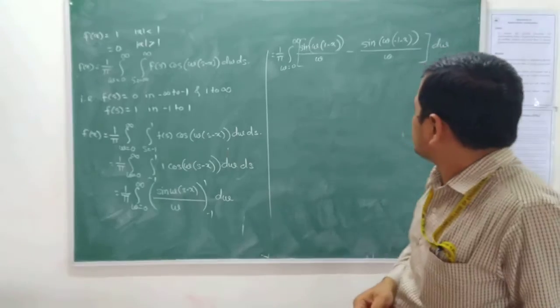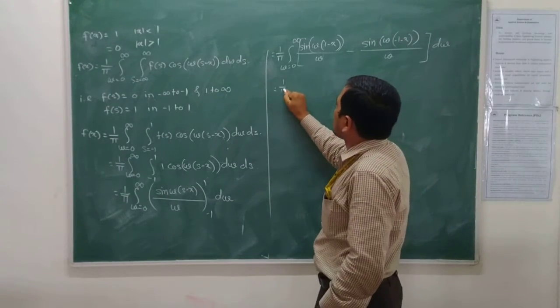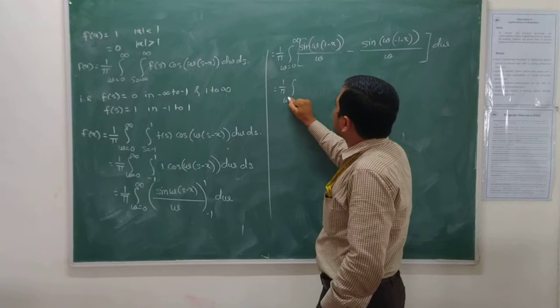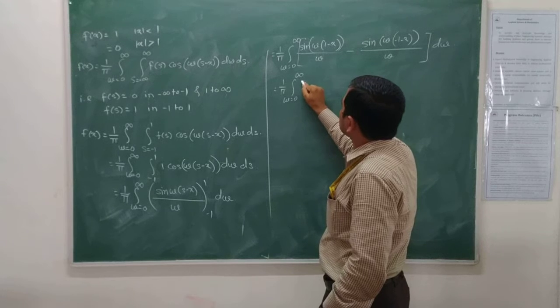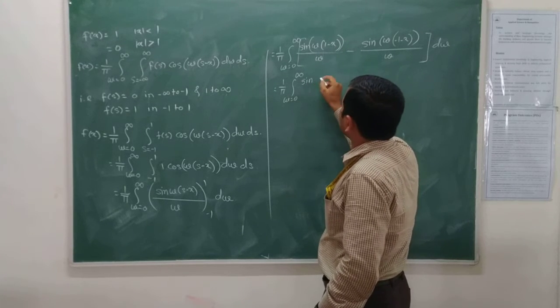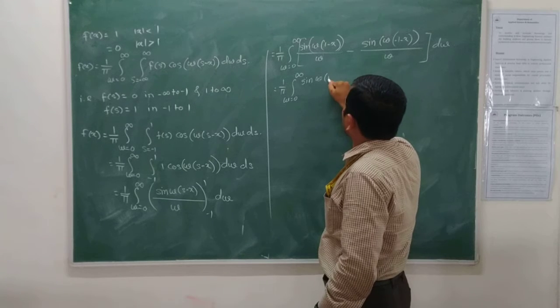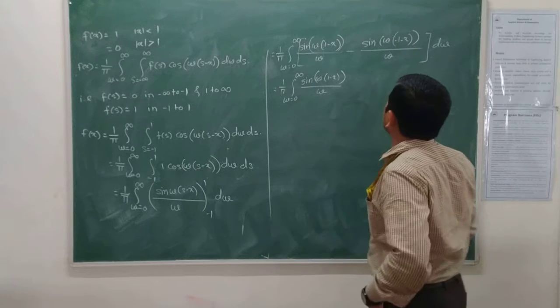The next point is we have to just simplify the terms. This is 1 upon pi integration omega equal to 0 to infinity, sine omega into bracket 1 minus x. I'll write this term as it is because I need to simplify this first.